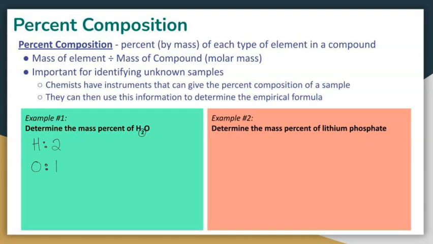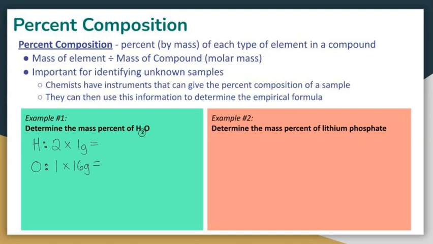So 2 hydrogens multiplied by the molar mass of hydrogen, which I'm going to round to 1.00 or 1, so 1 gram per mole. And then oxygen's molar mass is 15.999, which I know I can round to 16 grams per mole. And so I'll get the mass of each individual component of water.